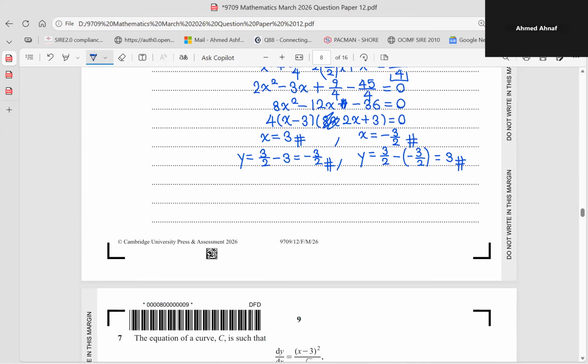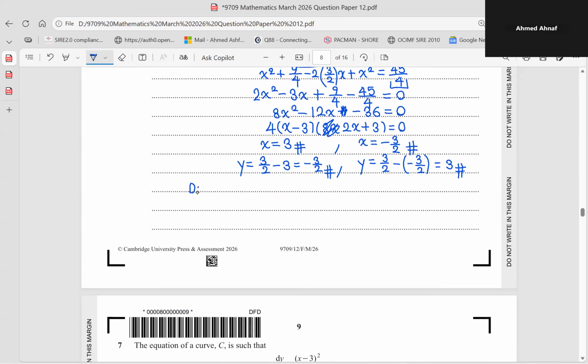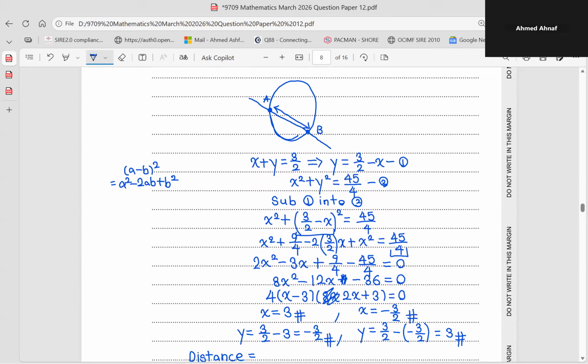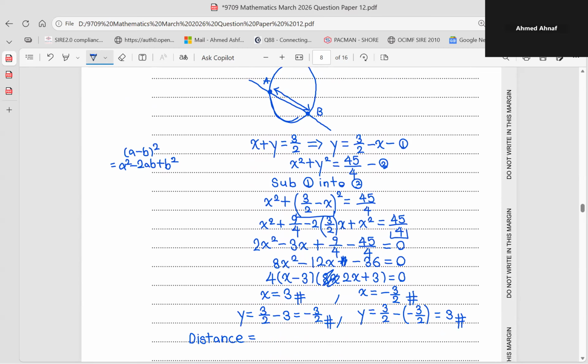And to find the distance of AB, you're gonna have to use your distance formula from before A levels. The distance formula is something like this: x1 minus x2 squared plus y1 minus y2 squared.